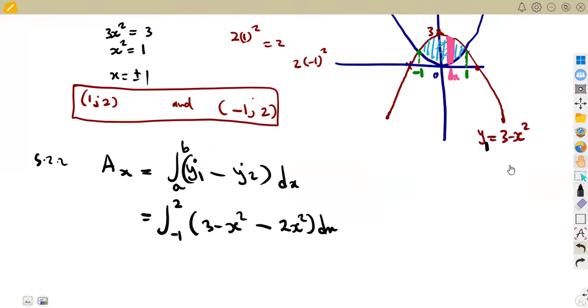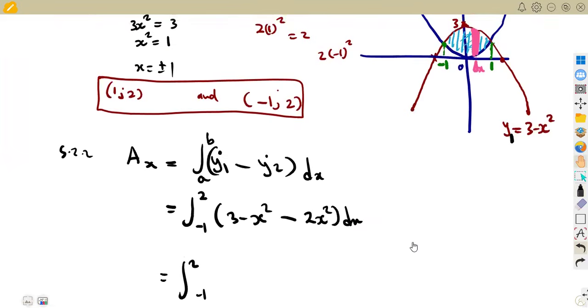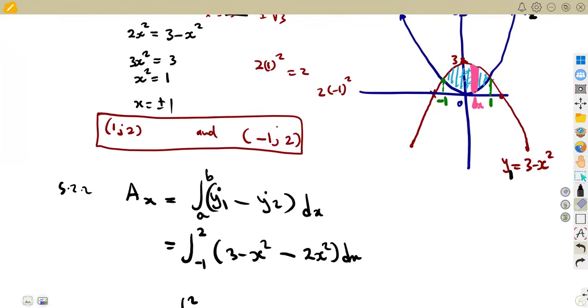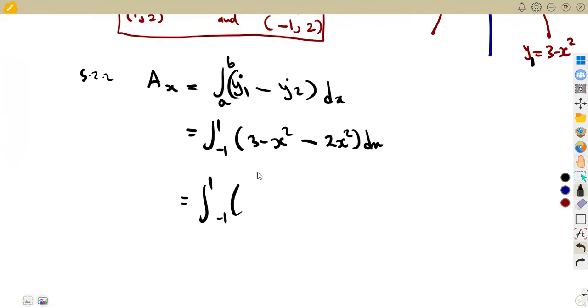We can just simplify these two, then integrate. We said -1 up to +1, not +2, but +1 here. Like I said, you can simplify before integrating. That will be 3 minus x squared minus 2x squared.